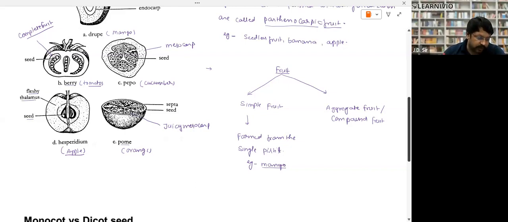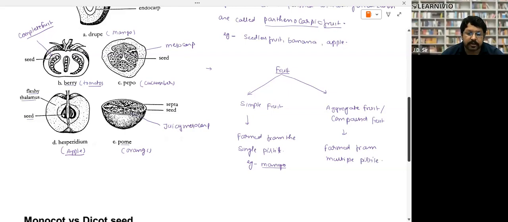Compound fruits are formed from multiple ovaries. They are formed from multiple pistils.